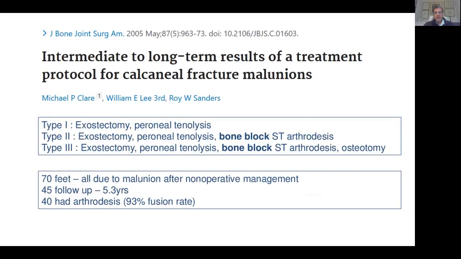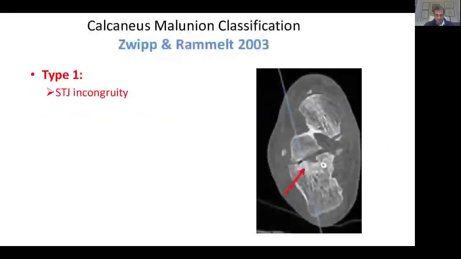And out of the many cases they treated, a fair amount was available for follow-up. And as you can see, in about 10% of patients, they did not fuse the subtalar joint, so did joint preserving surgery. 90% received the subtalar joint fusion, and the fusion rate was 93%.